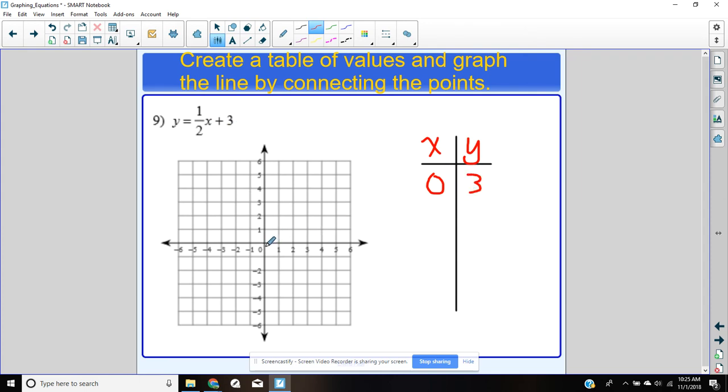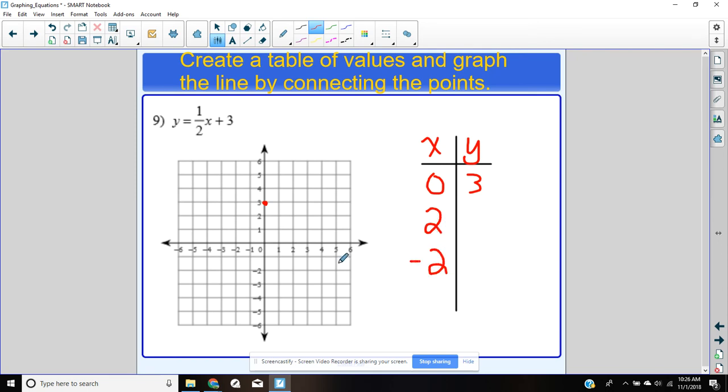In plotting that ordered pair, I'm going to go over 0 and up 3 and make my first dot. The next 2 inputs are going to be the ones that you think are the easiest to calculate with the fraction 1/2. So any even number would make sense in these inputs. I'm going to choose the inputs of +2, and I'm also going to choose the input of -2.